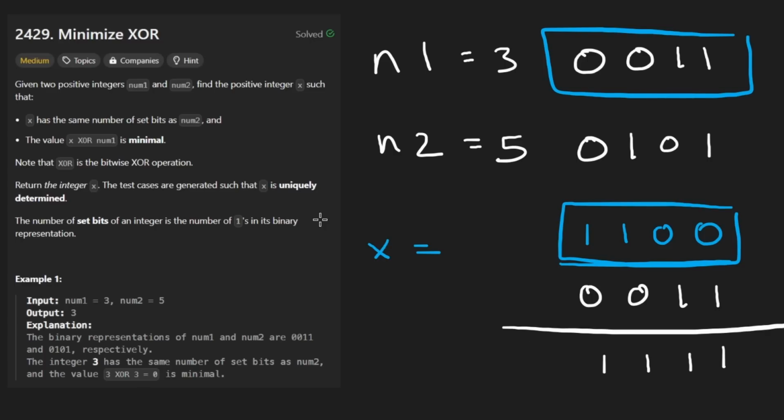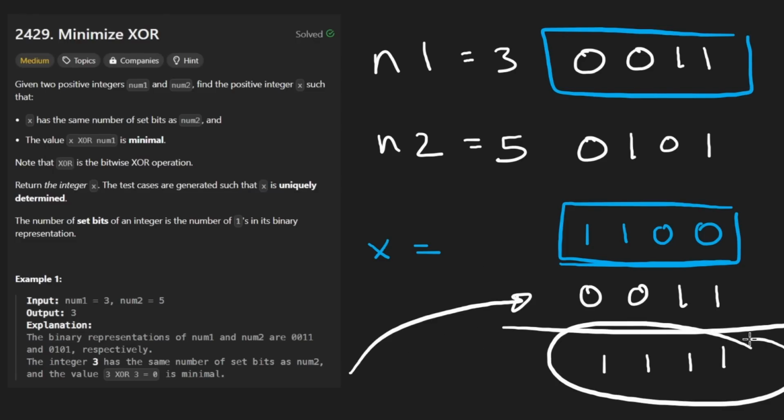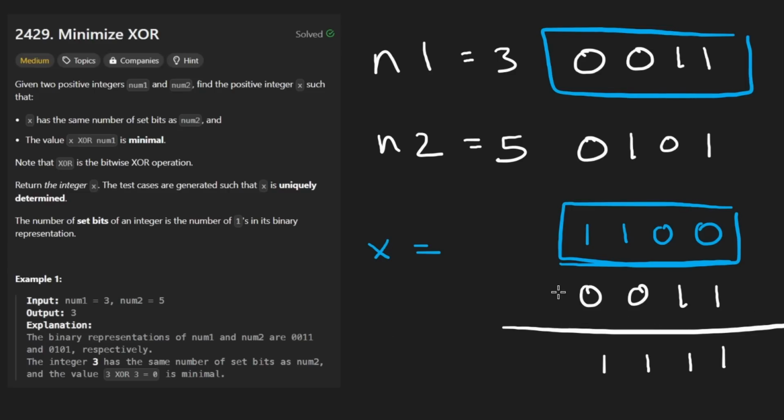What we were trying to do is minimize the XOR of these two numbers. Now, as you can see, the fact that they were different made the XOR of them maximal. So the way to have minimized this XOR would have been to have had the same number in this spot. So this is the number that we could have chosen.